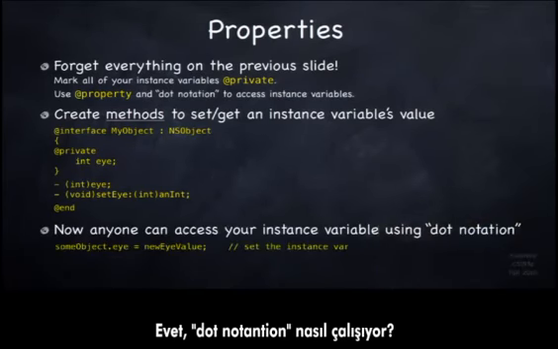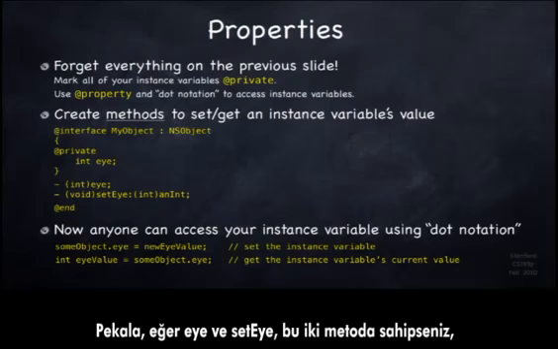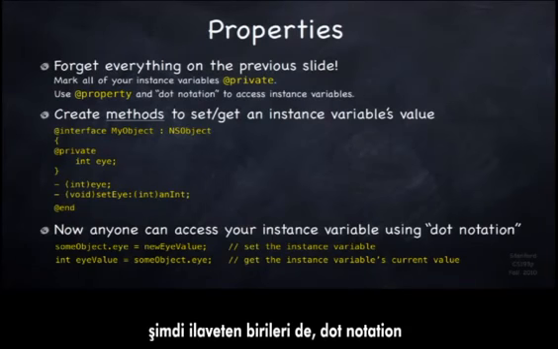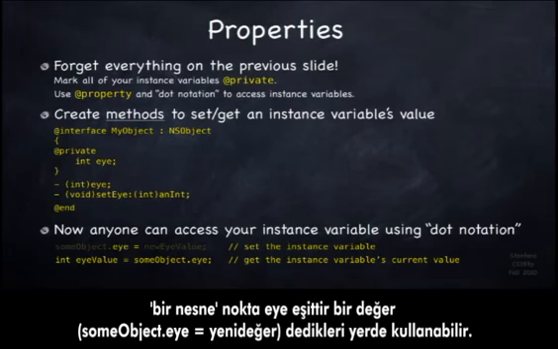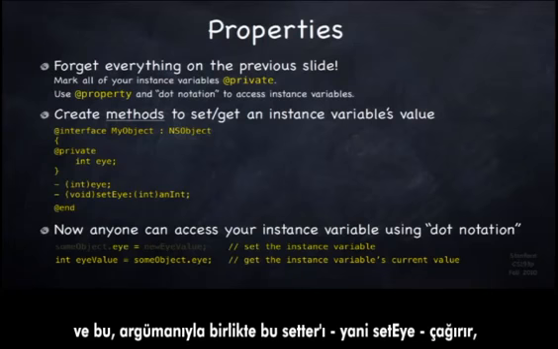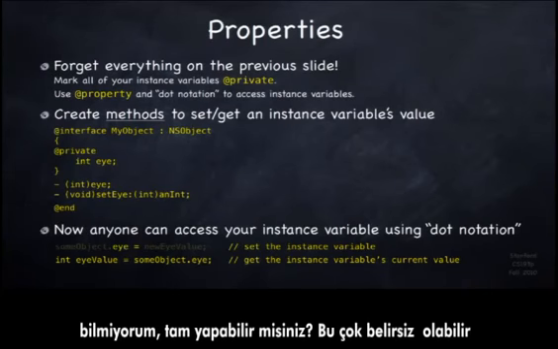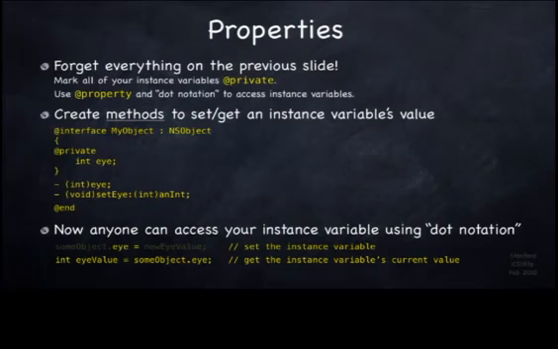So how does the dot notation work? Well, if you have these two methods, I and set I, now somebody else can basically use this notation right here, where they say some object dot I equals some value, and that calls that setter, set I, with the argument. I don't know if you can even see it, maybe that's too dark, but that's the dot notation to set. And then the next line down is the getter.